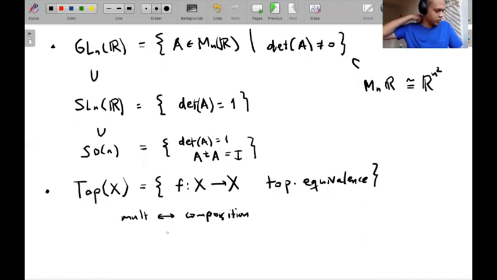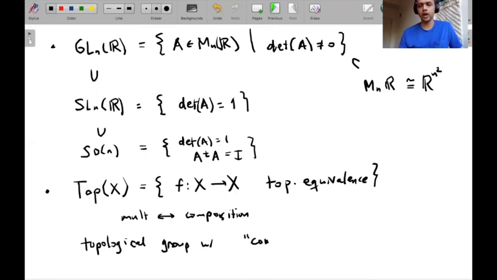And then the topology, so this is a topological group with the so-called compact open topology.